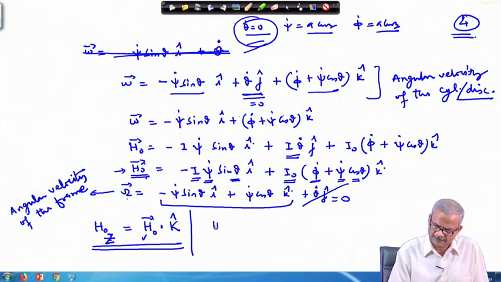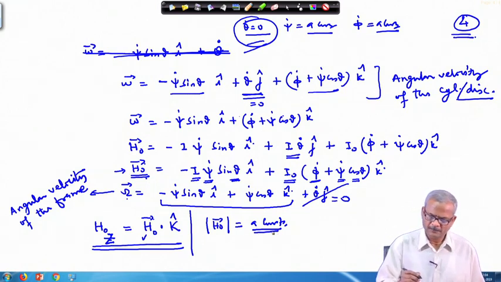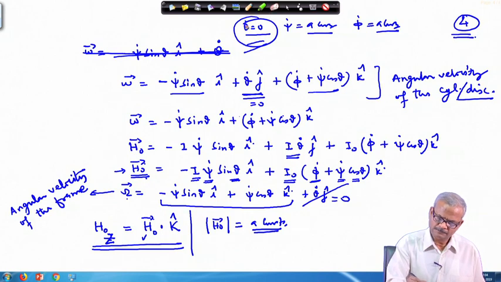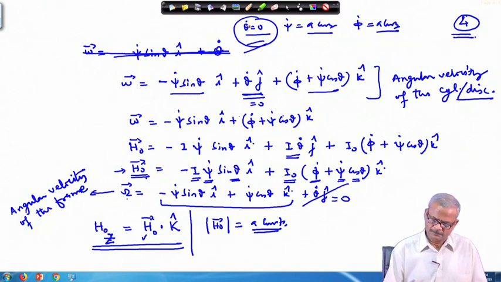Therefore, this implies that the H 0 magnitude is also going to be a constant. What else can we do here further?